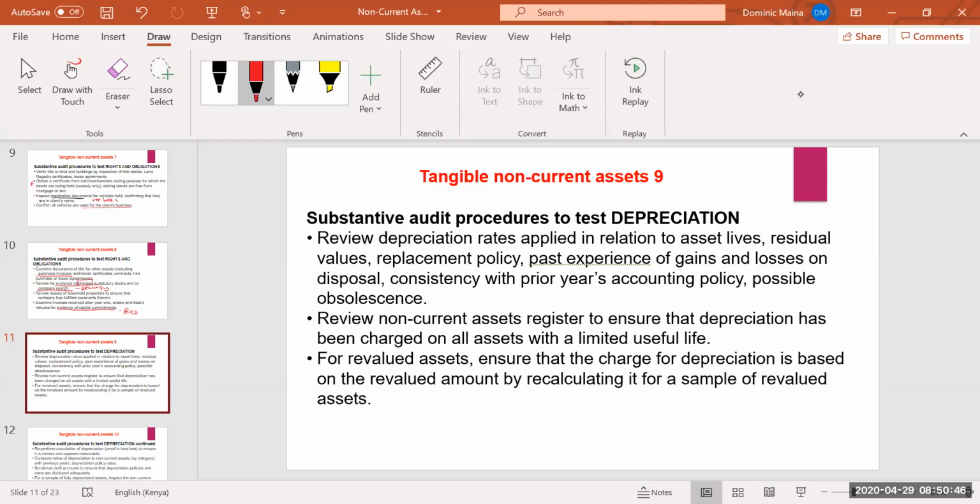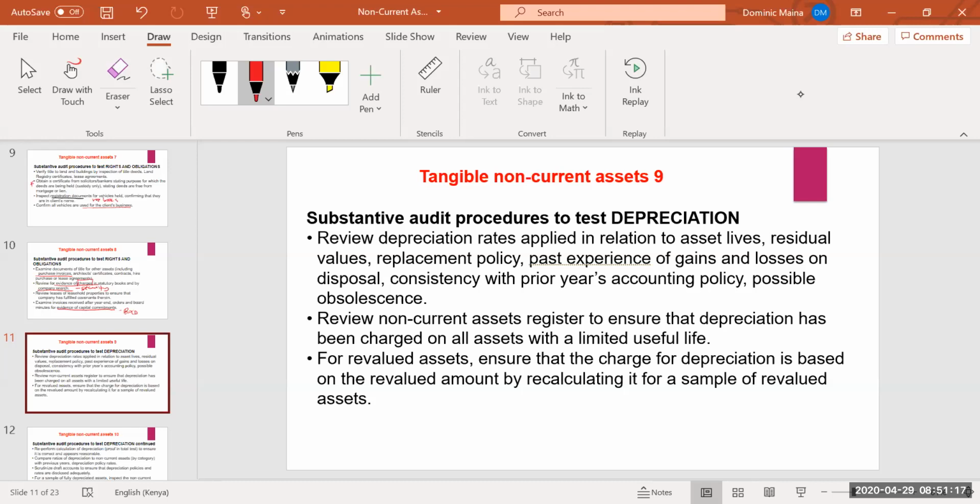If the company is using the straight line method of depreciation, and bought this asset in the year 2010 with a useful life of 10 years, or 20 years, and now we are in 2020, it implies that since the company is applying the straight line method, last year's depreciation charge for this particular asset ought to be equal to this year's depreciation charge, because every year the expense is equal.